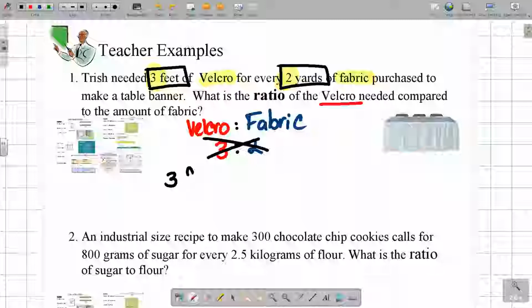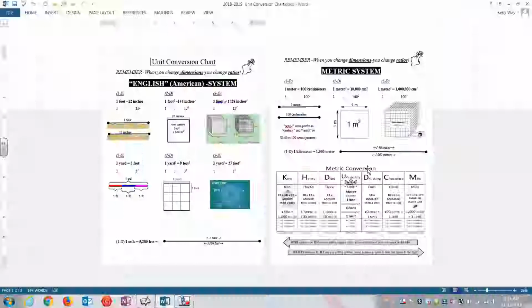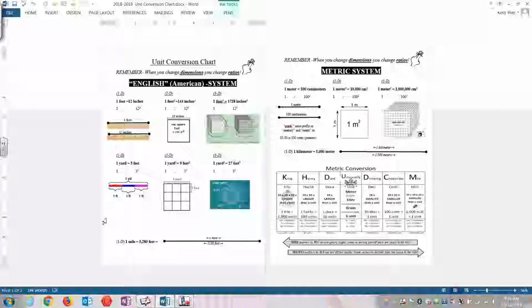So first off, it's 3 feet to 2 yards. Always convert the larger unit into the smaller. So we know, if you look here, and we're talking about length, and we're in the first dimension, that 1 yard is 3 feet.